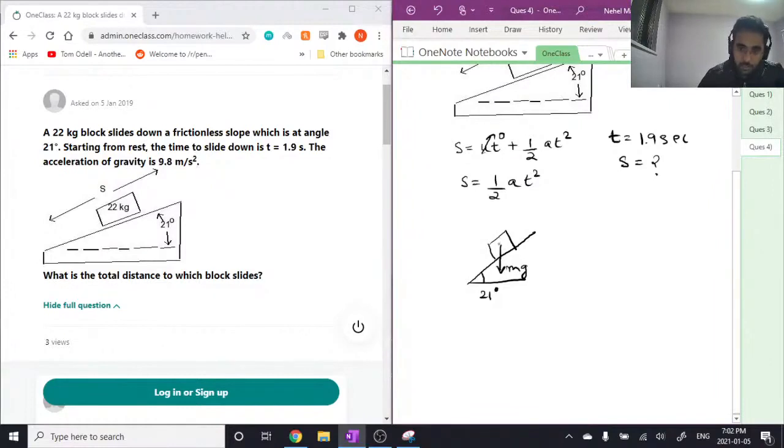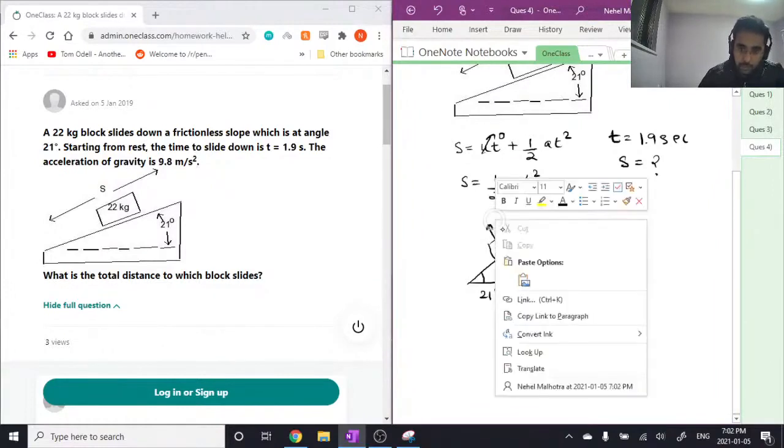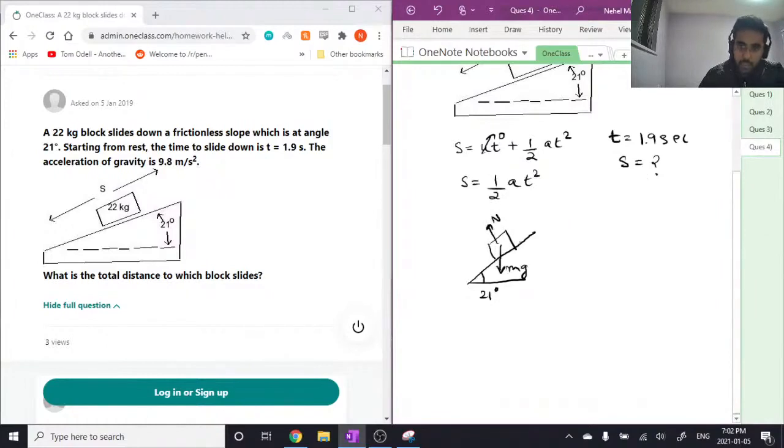There's also a normal force from the contact with the surface, and we can resolve mg into two components: the sine component, mg sine of 21 degrees, and the cos component, mg cos of 21 degrees.